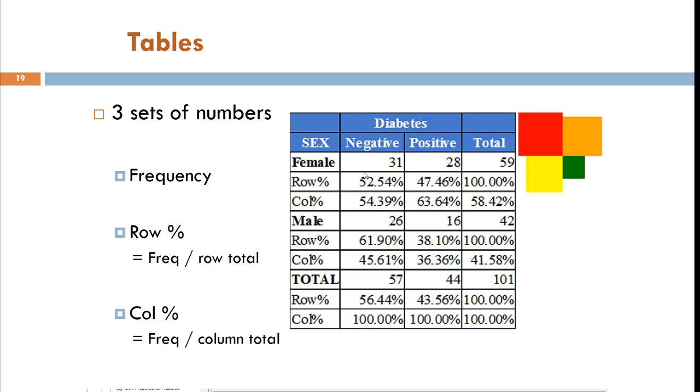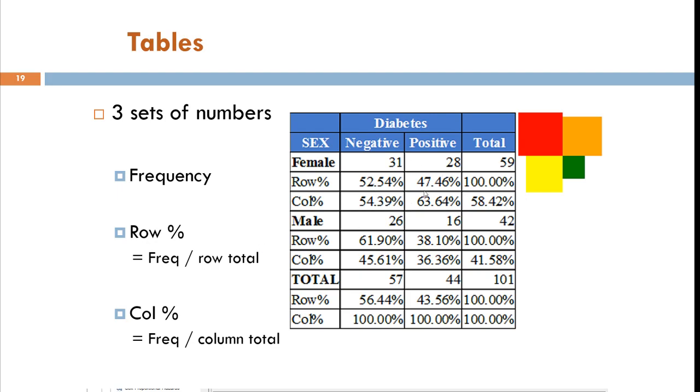Now, you would see on the right side blocks of colors, which represent frequencies of the cells inside the table. The frequencies that we have in the table are 31, 28, 26, and 16. Now, 31 is the largest number. That's why we have this red block as the largest, followed by 28, which is the orange block, followed by 26, and then followed by 16.